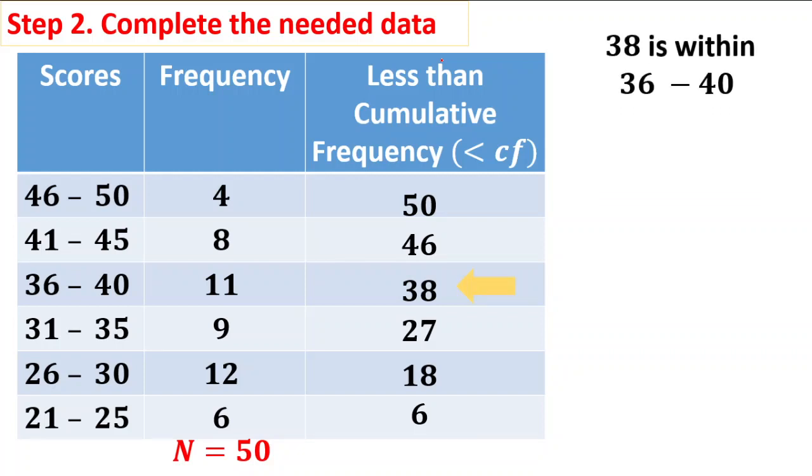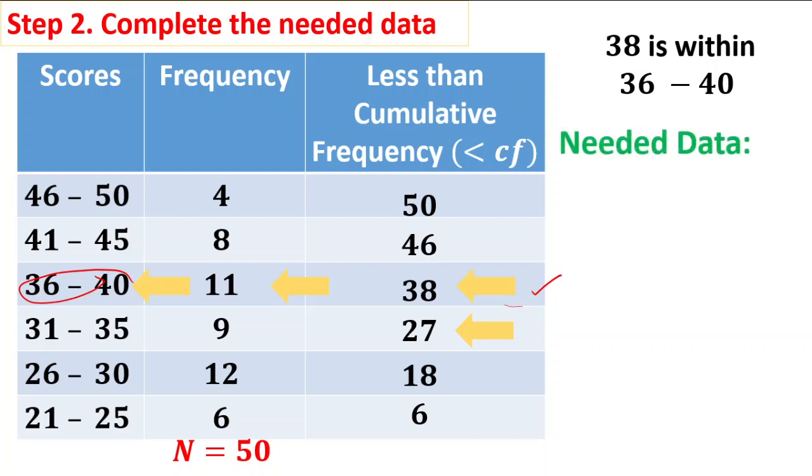Okay? So, 38, yung less than cumulative kasi ang hanap natin. So, yung 38 na yon ay nasa interval ng 36 to 40. Okay? So, this interval yon. Dito pasok si cumulative frequency na 38. Now, next. With that, you will be using this data.